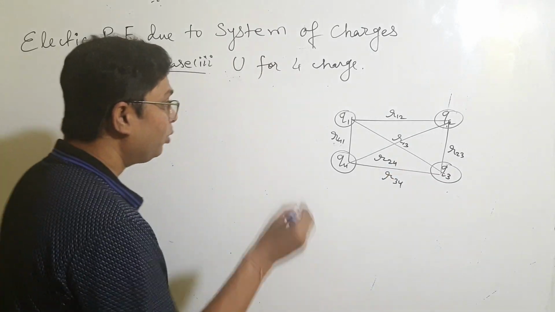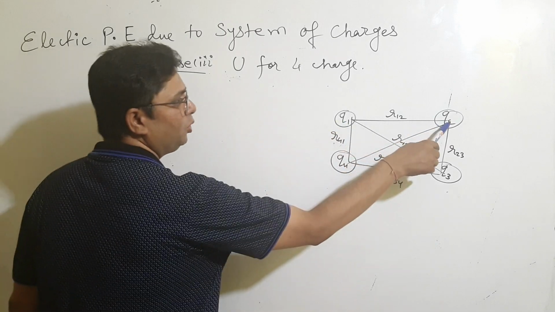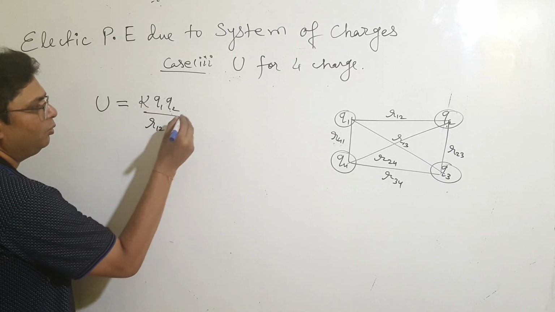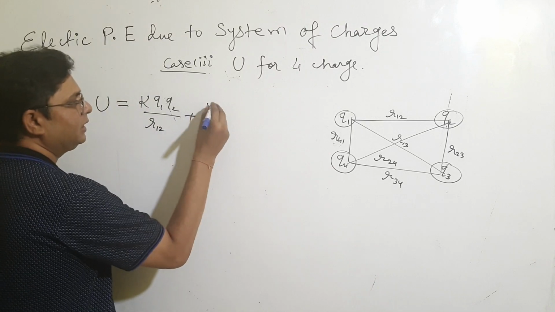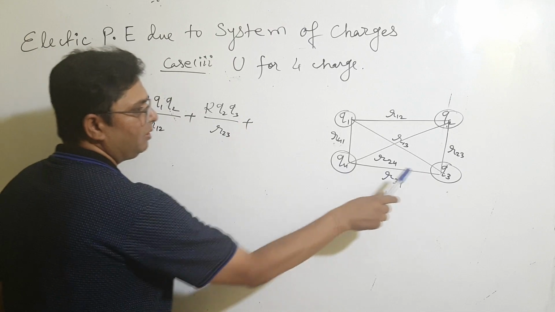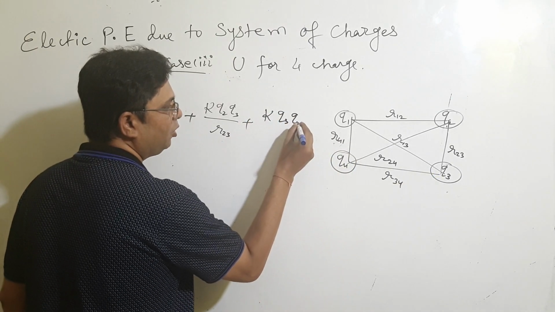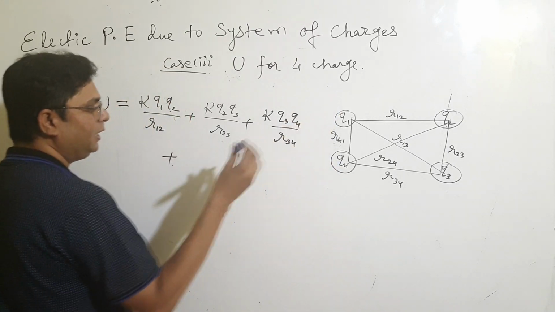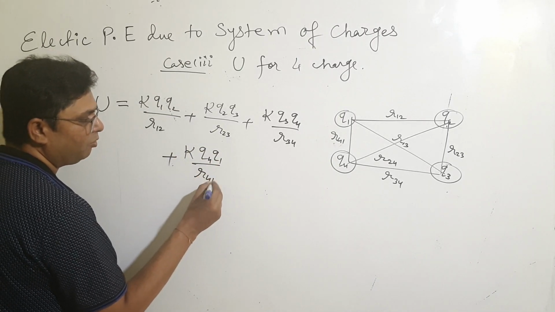Then potential energy U can be written, generalized, as K Q1 Q2 upon R12, plus between these two charges Q2 and Q3, this is K Q2 Q3 upon R23. Between these two charges, this is K Q3 Q4 upon R34, plus between these two charges, this is K Q4 Q1 upon R41.